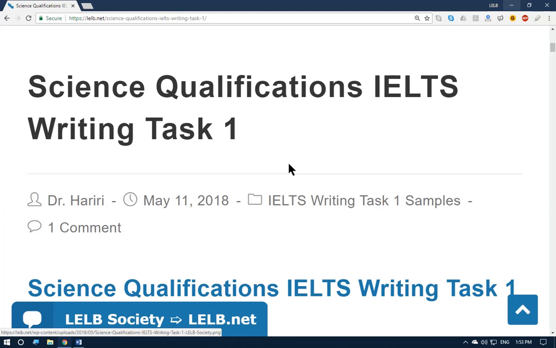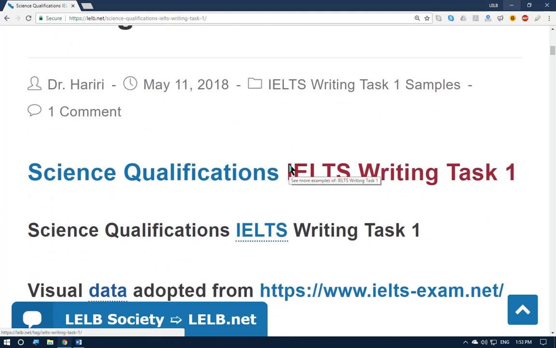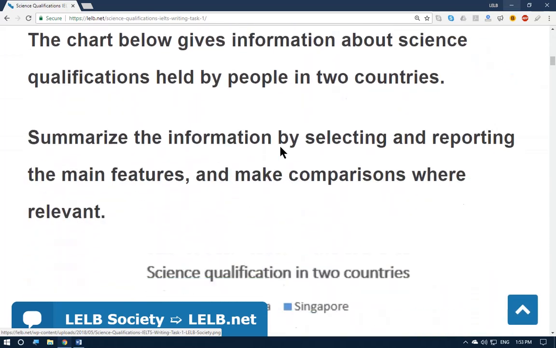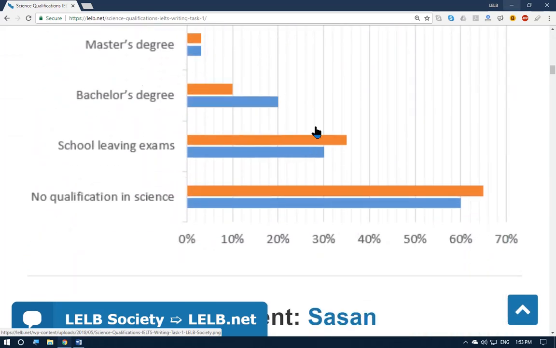IELTS essay task 1 is a report that is created on the basis of a visual data output. So let me show something to you. This is the photo that should be analyzed.